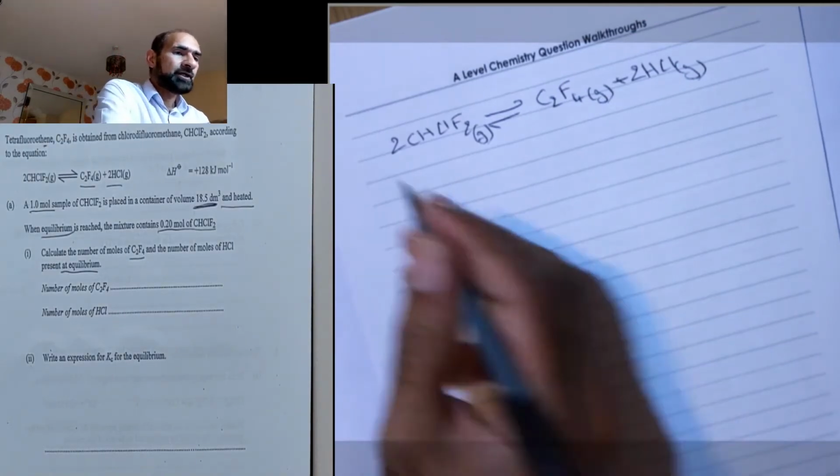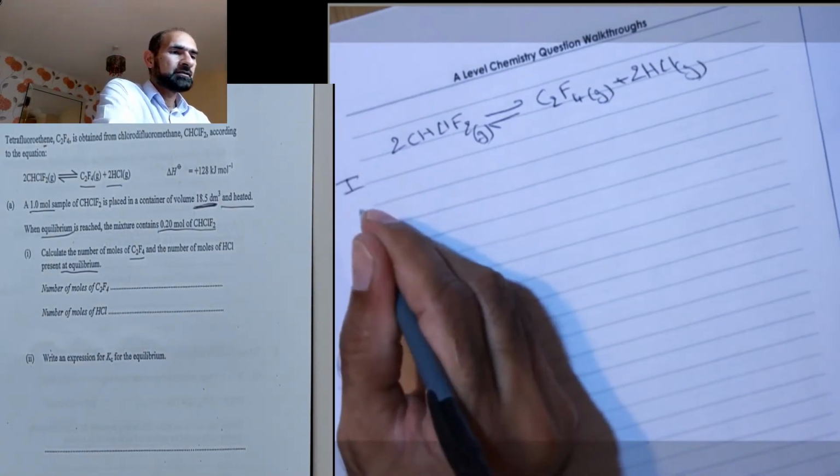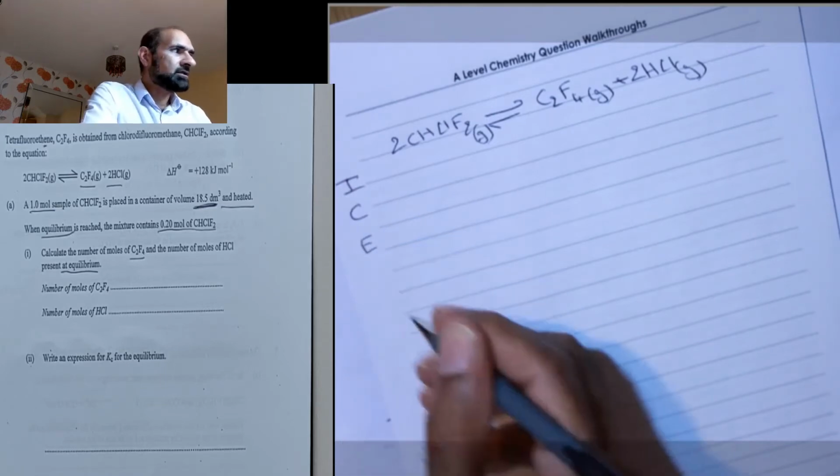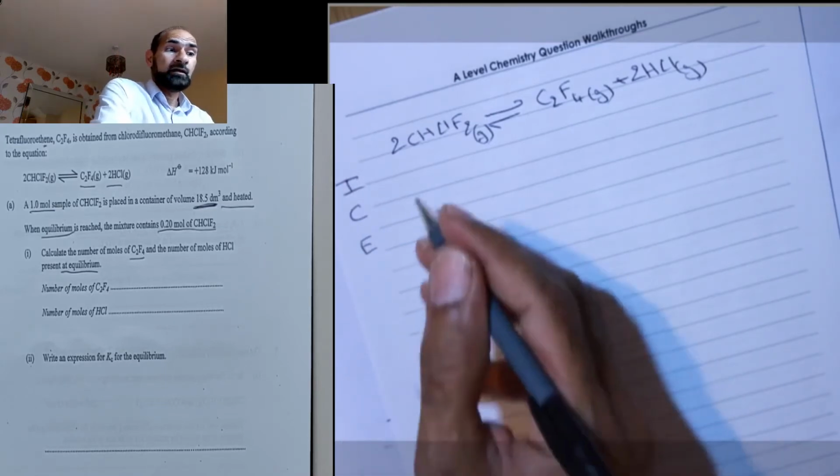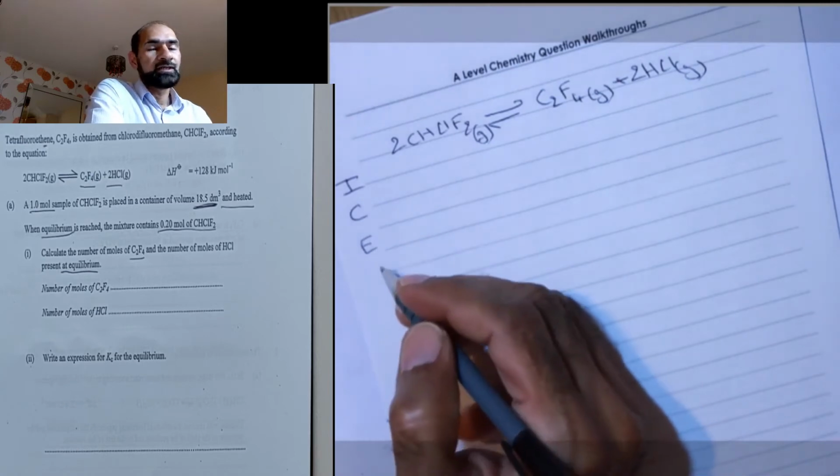I write down I, C, and E. I is initial, C is change, and E is the equilibrium.